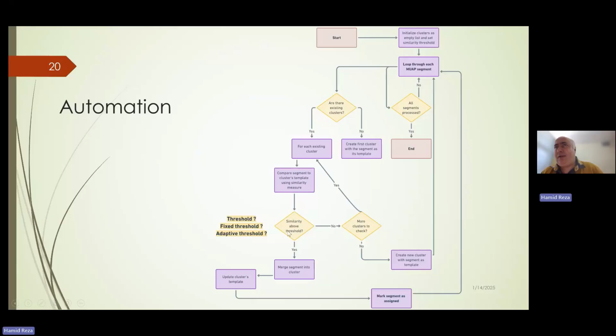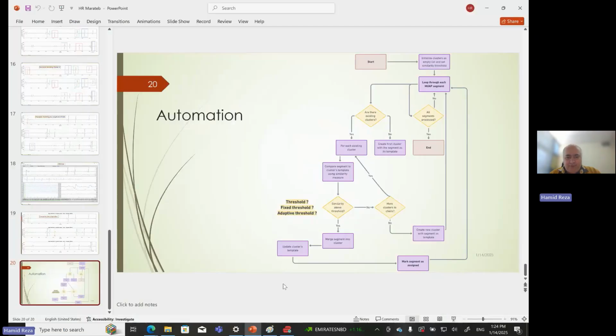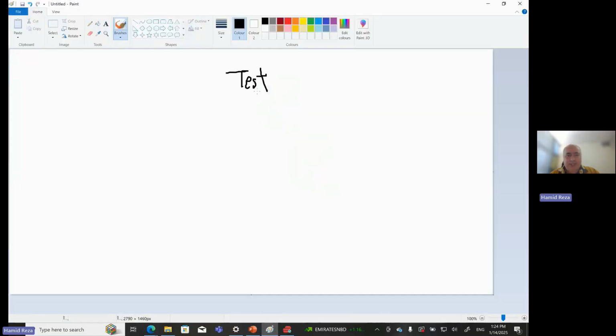But there is a problem here, and it is very important to identify this. So I prefer to write it down here rather than talking. Let's do it this way.